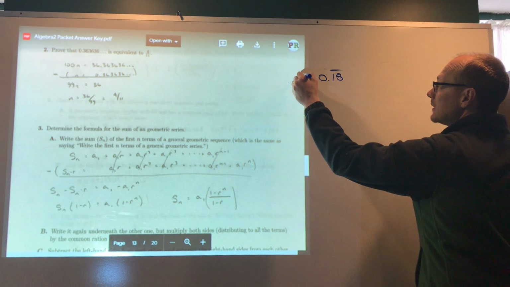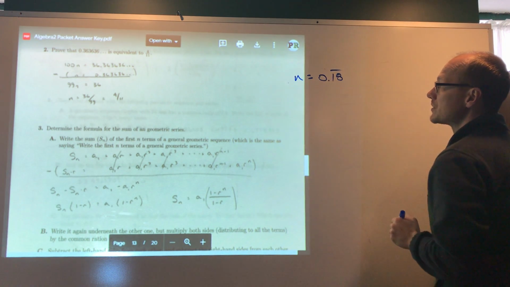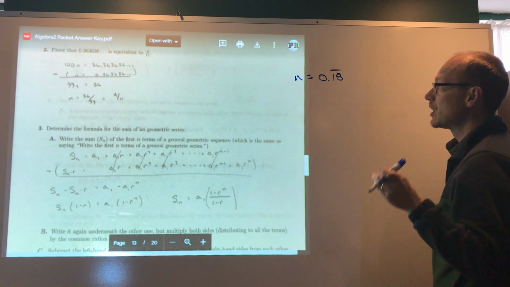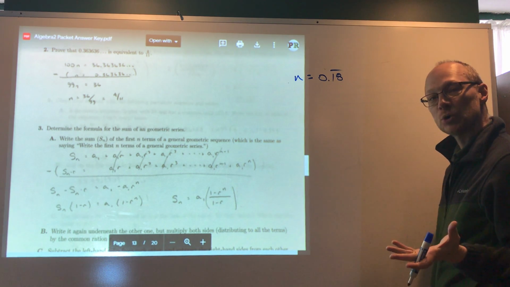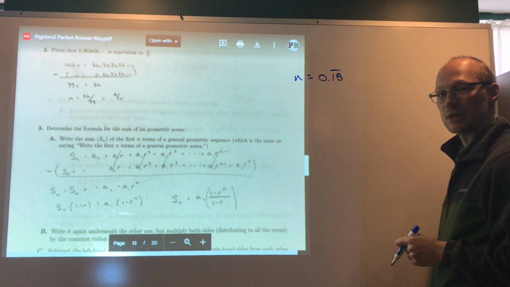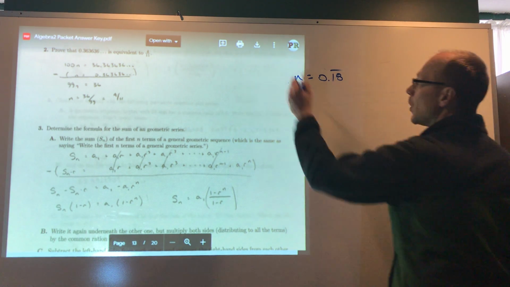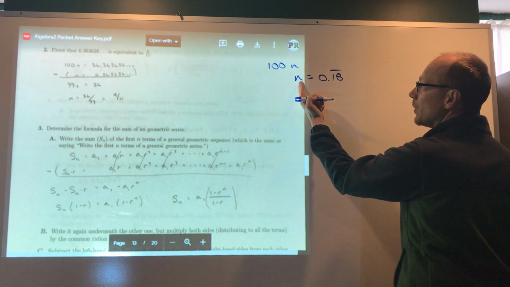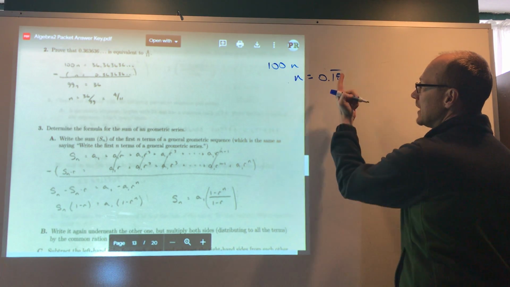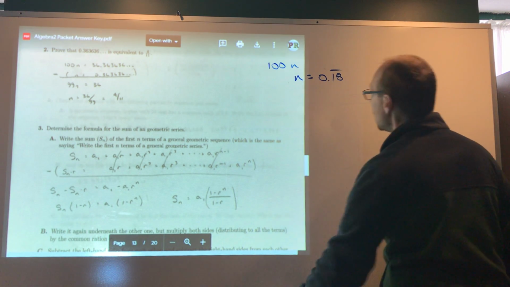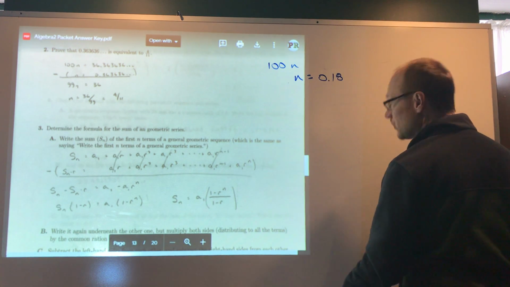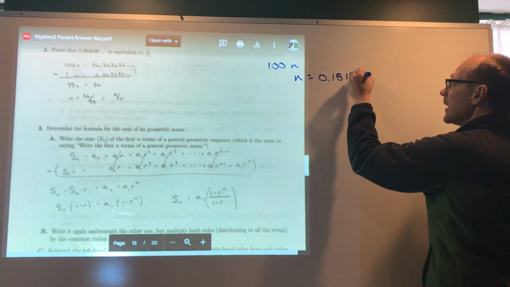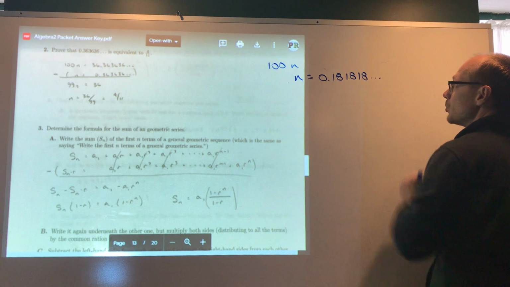Well, first of all, I let n equal this, and then recognize that because there are two digits repeating, I'm going to multiply both sides of this equation by 100, and then subtract one from the other. So if I multiply this side by 100, I get 100n. If I multiply this side by 100, what I recognize is this 0.18 repeating is 18, 18, 18, and so forth and so on.